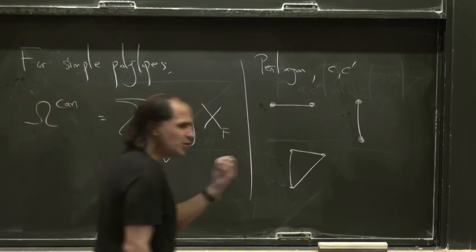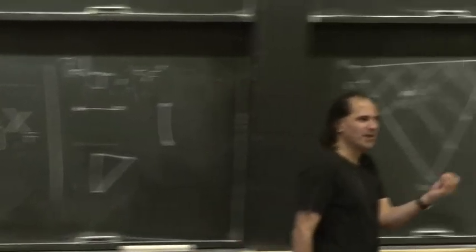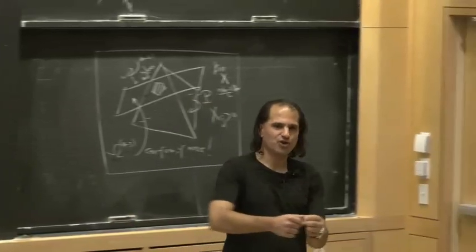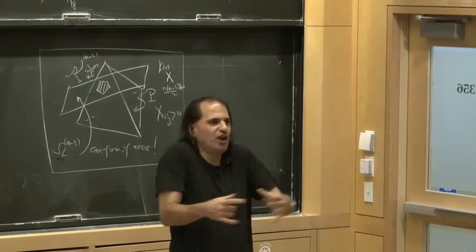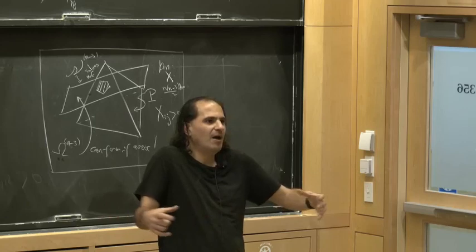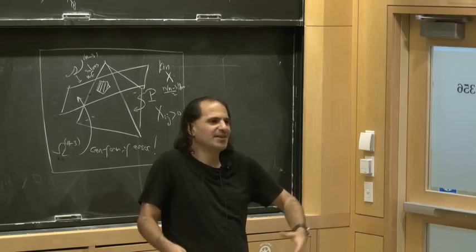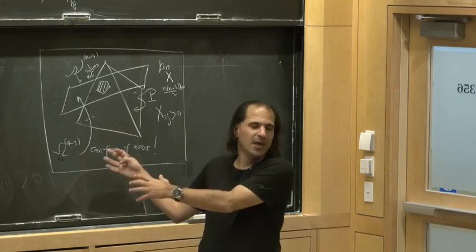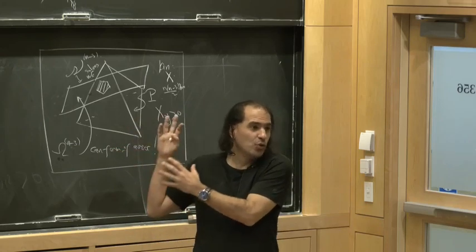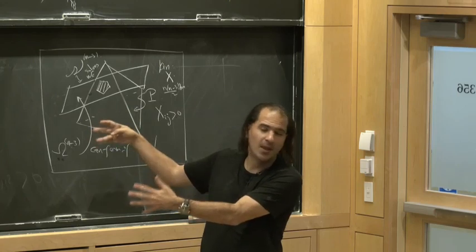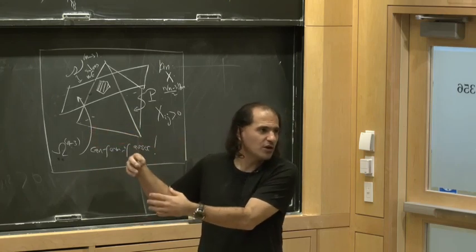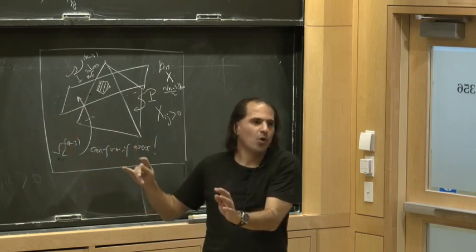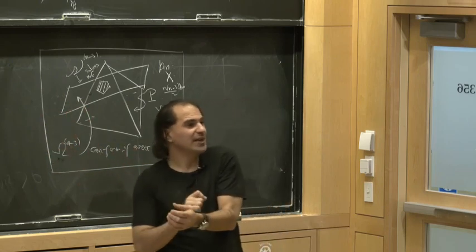So string amplitudes, the famous Koba-Nielsen formula, the beginning of string theory, from the beta function to the general endpoint formula of the Koba-Nielsen amplitude, has a direct interpretation. You've never heard of strings, you've never heard of anything else, you're just playing this game, and you want to find a way to write this canonical form. Well, there's a general strategy for writing canonical forms of any polytope, associahedron, any polytope at all, which involves certain integrals.